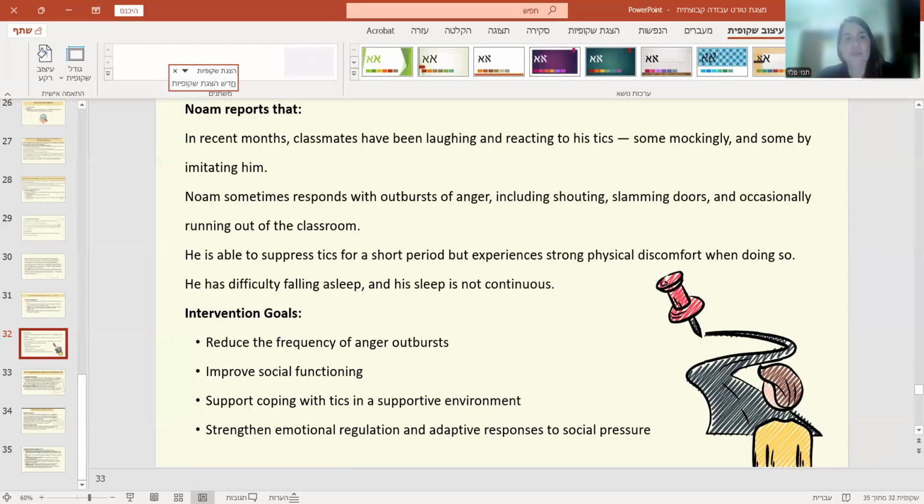He is able to suppress tics for a short period, but experiences strong physical discomfort when doing so. He has difficulty falling asleep, and his sleep is not good. He wakes all the time. The intervention goals are to reduce the frequency of anger outbursts, improve social function, support coping with tics in a supportive environment, and strengthen emotional regulation and adaptive response to social pressure.